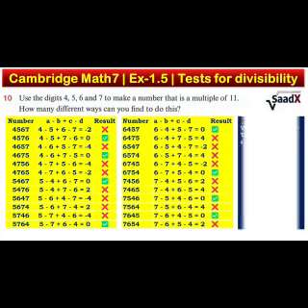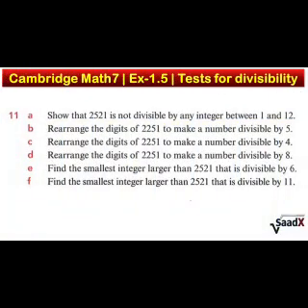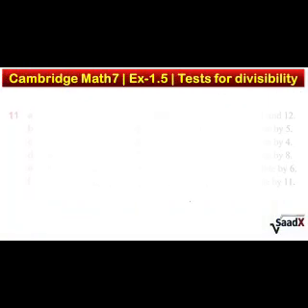So we can say the final answer, valid combinations: these 8 numbers are divisible by 11, which are 4 5 7 6, 4 6 7 5, 5 4 6 7, 5 7 6 4, etc. So total 8 numbers. I hope you understand this one. It's an important question.